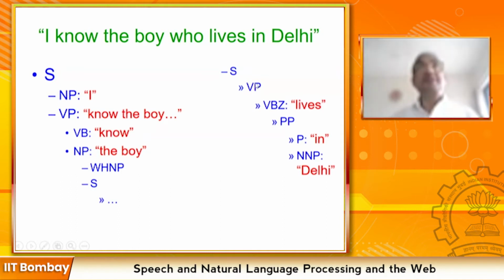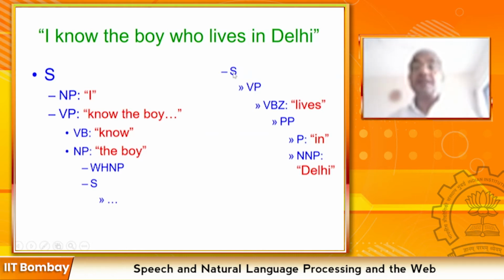You can have sentences without the noun phrase. Go there, for example. Go there is an imperative sentence. It has only a verb phrase. So this VP is VBZ lives and PP in Delhi. So lives in Delhi is a VP. If you want to be very correct, it is not preceded by NP.